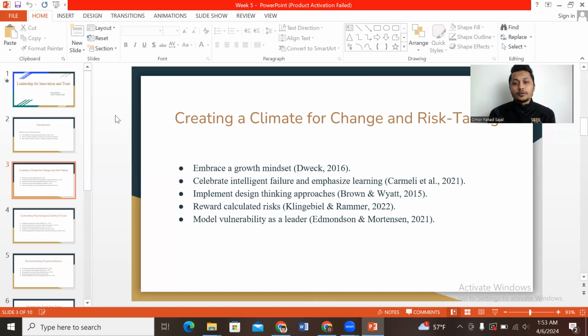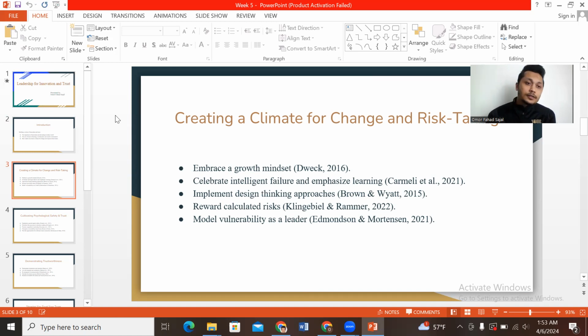And the most important thing is to model vulnerability as a leader, which is, a leader must be willing to share their own vulnerabilities, showing that it's okay to learn and grow together. There is no problem in failure or fear of failure.